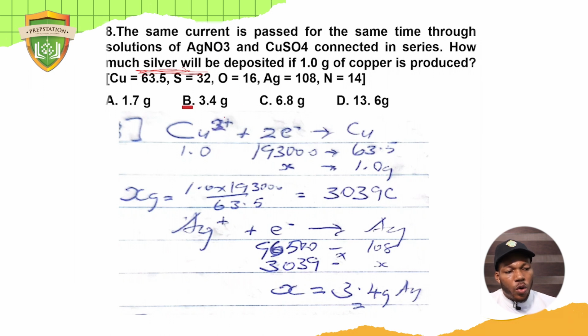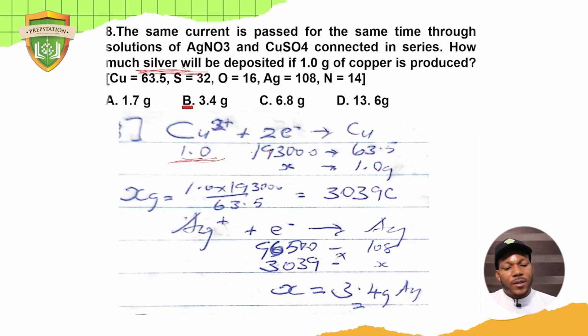You use the known to find the unknown. First of all, start with the copper, because copper is mentioned. 1.0 gram of copper is produced, which is your reacting mass of copper. So how many electrons have been gained? 2 electrons, which stand for 2 Faradays. I hope you're getting it.